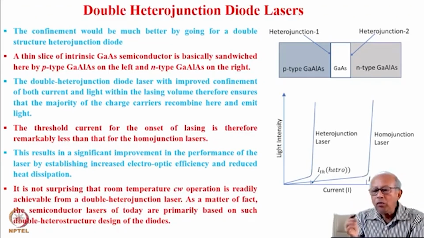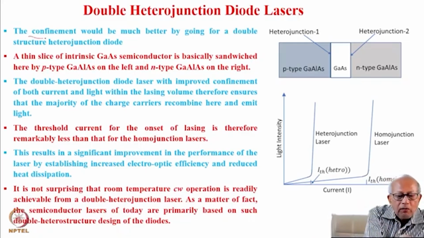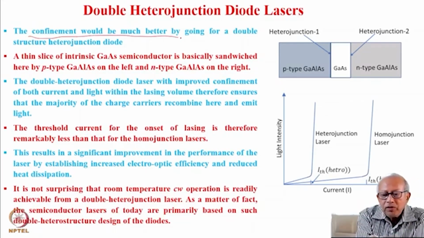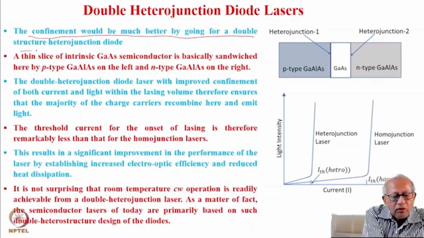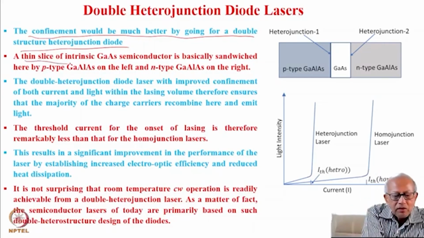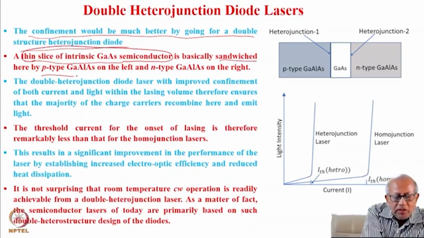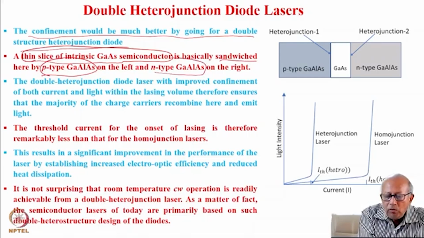So now how do you make a double heterojunction laser? The confinement would be much better by going for a double heterojunction structure. So how is it formed? You have a thin slice of intrinsic gallium arsenide semiconductor, which is sandwiched between p-type gallium aluminum arsenide and n-type gallium aluminum arsenide.